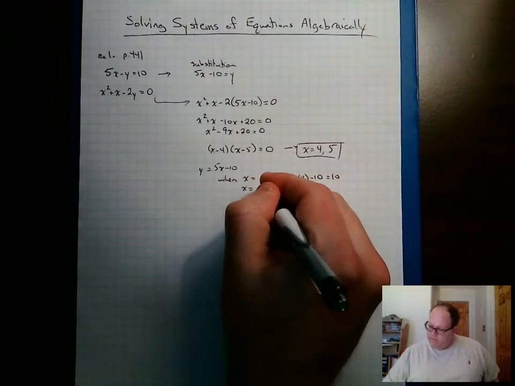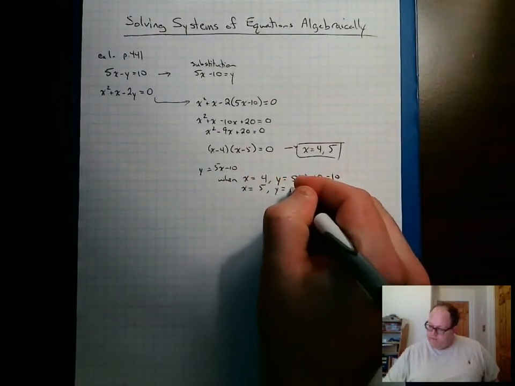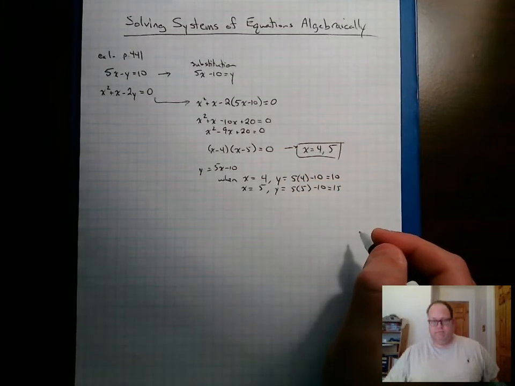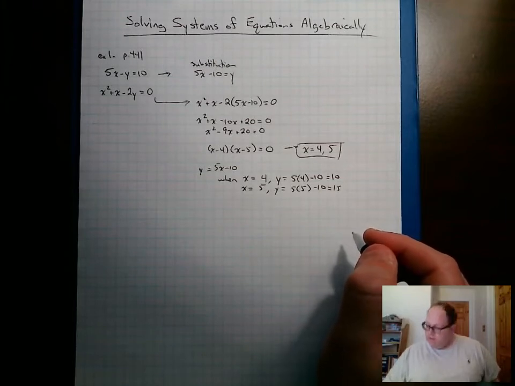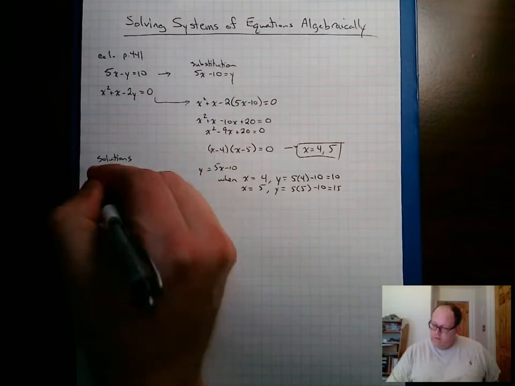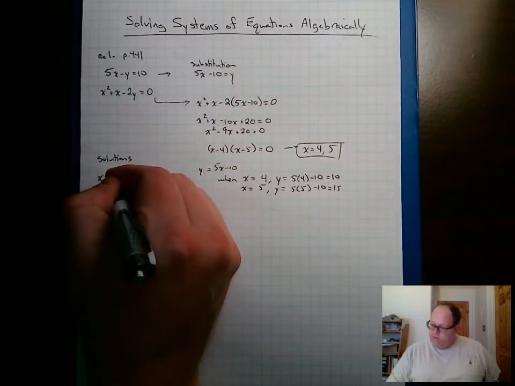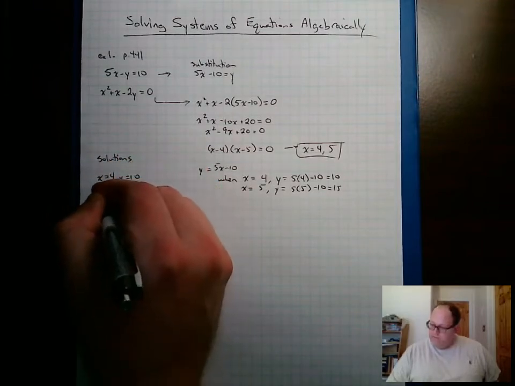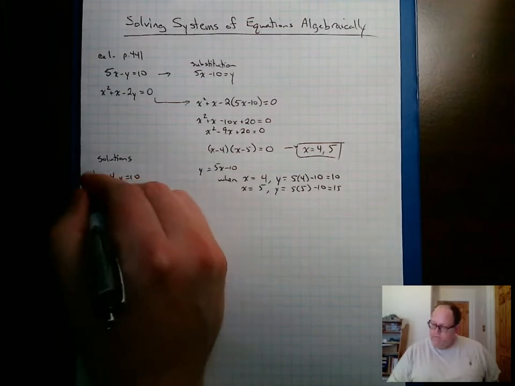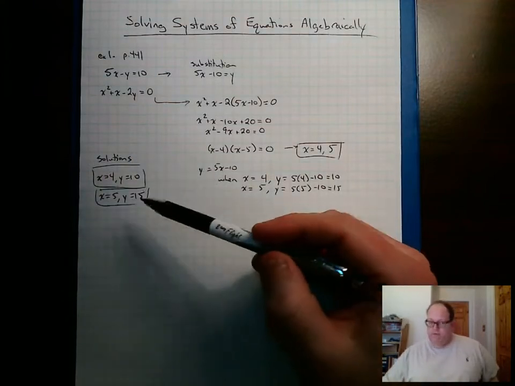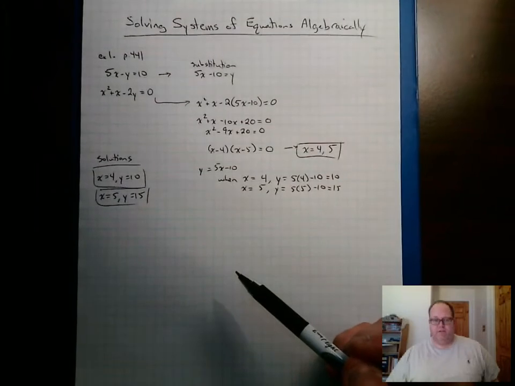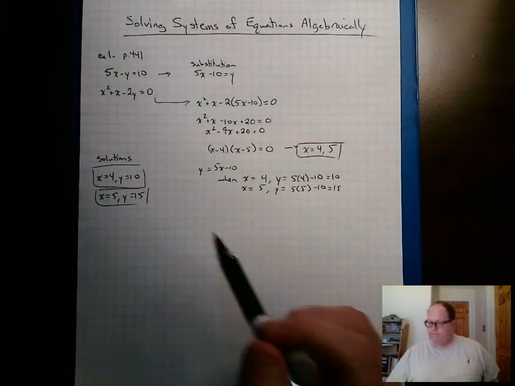And when x equals 5, y is going to equal 5 times 5 minus 10, or 15. So my two solutions are x equals 4, y equals 10, and x equals 5, y equals 15. And you could put both that x and y value into both equations to verify that if you needed to show that it all works out.